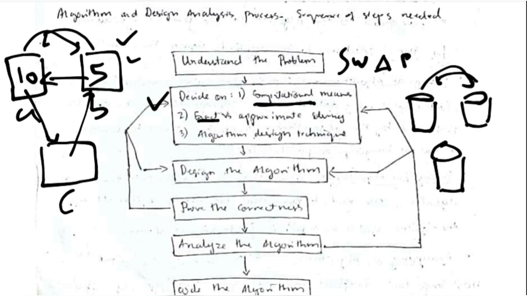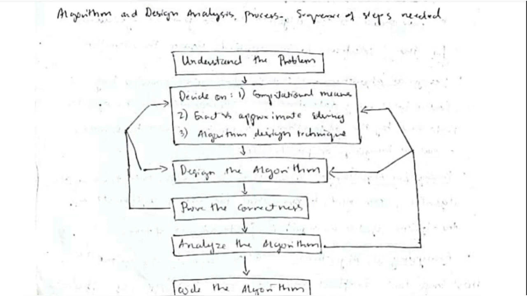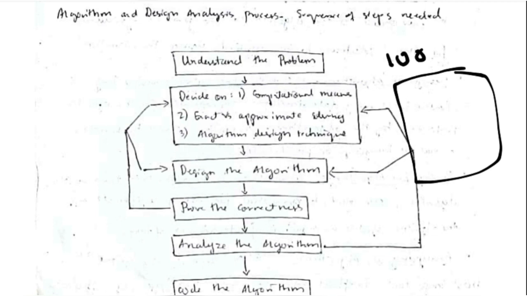Then exact versus approximate solving. Suppose you have to calculate the number of people in a particular area. It's a very large area, like 100 square kilometers, and you have to calculate how many people are living in that area. There are many people living there and it will be very hard to count each person.